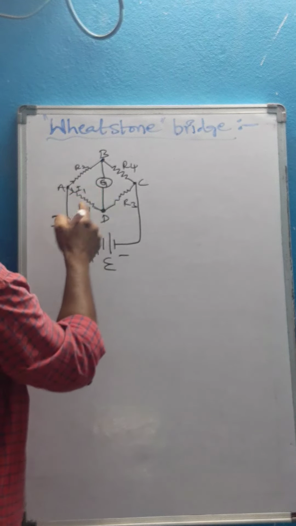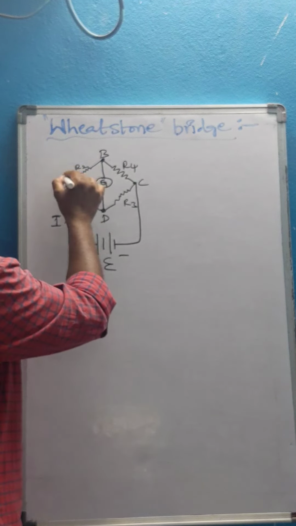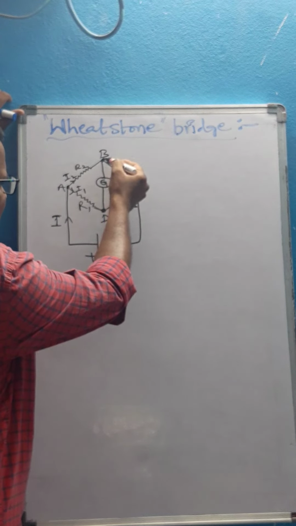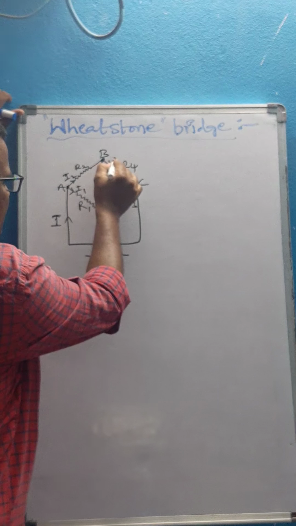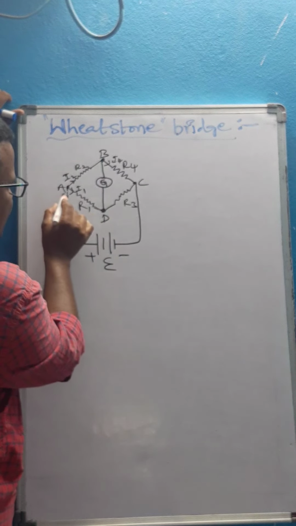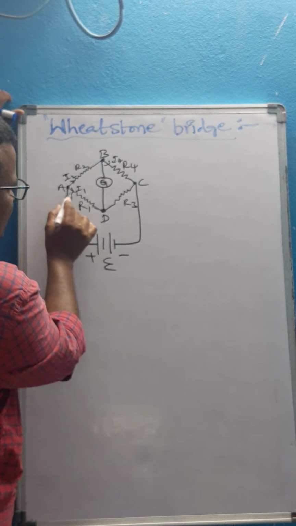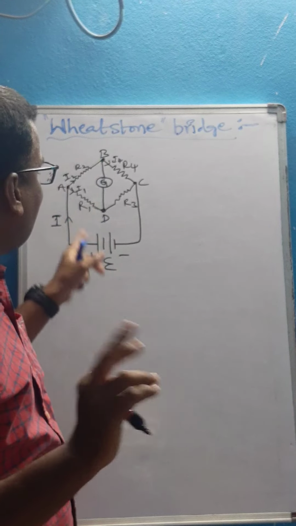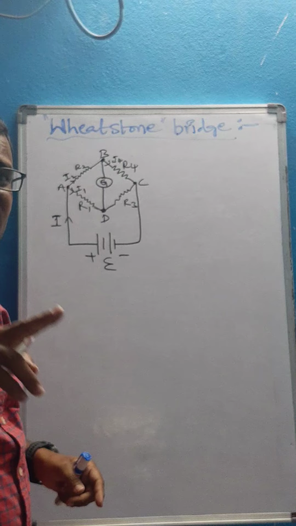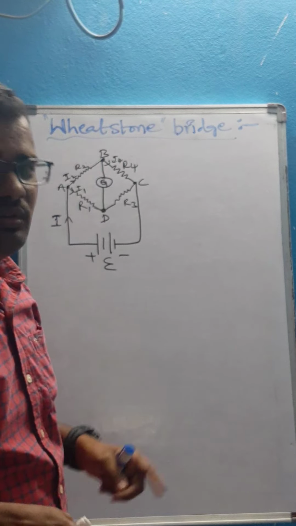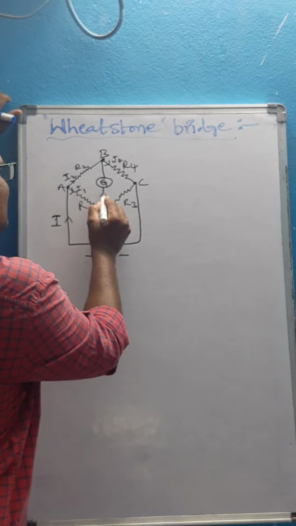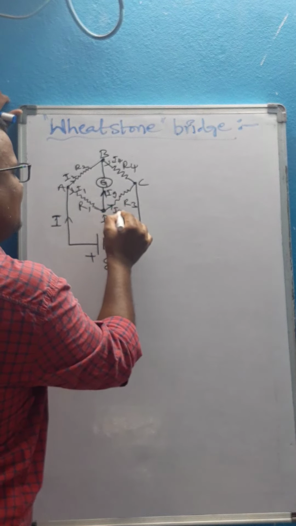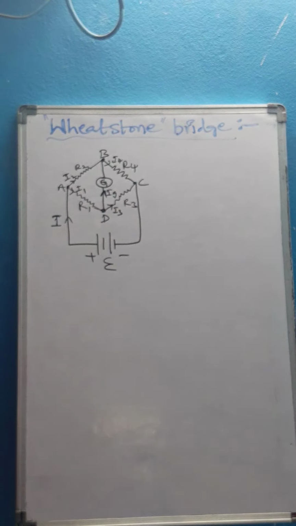For R1 it is I1, for R2 it is I2. At point D the I1 current again splits into two currents: one is the galvanometer current Ig, and the other one is I3.